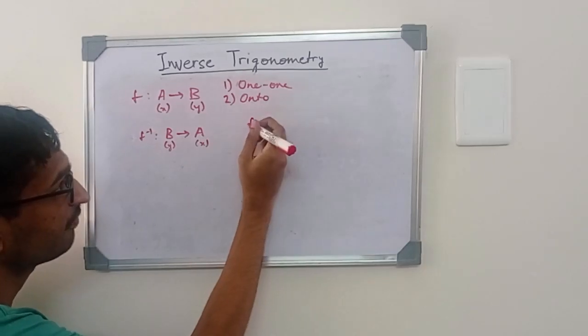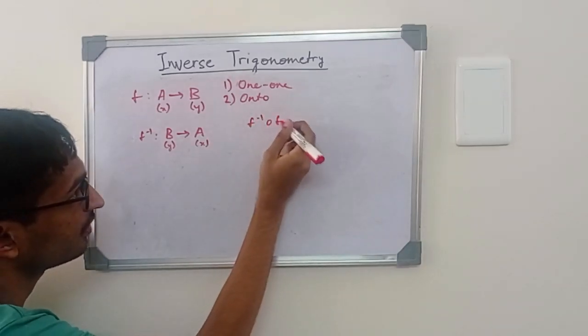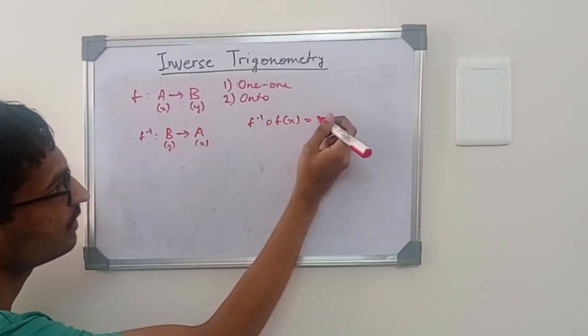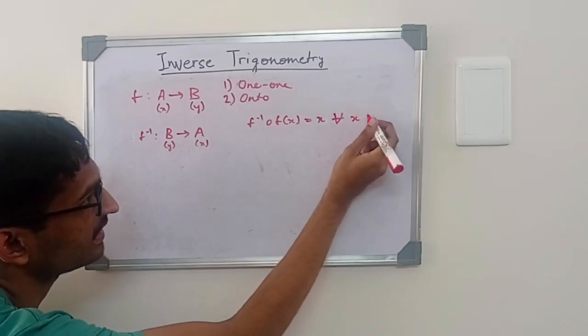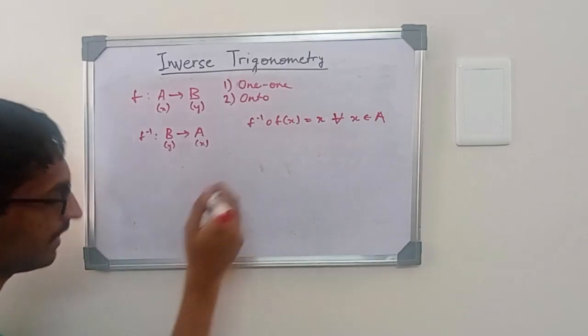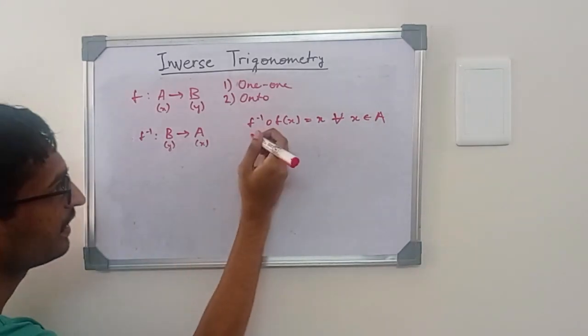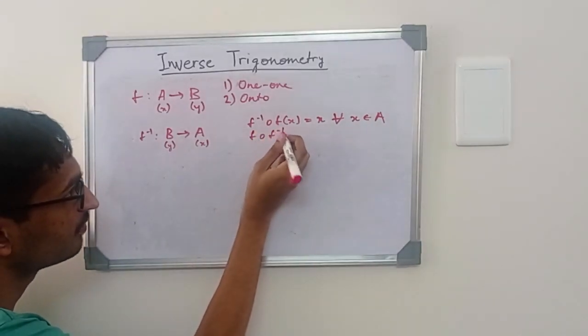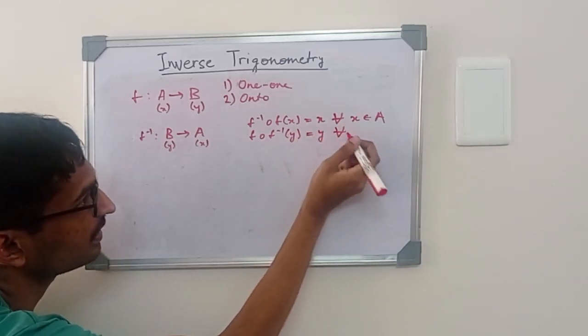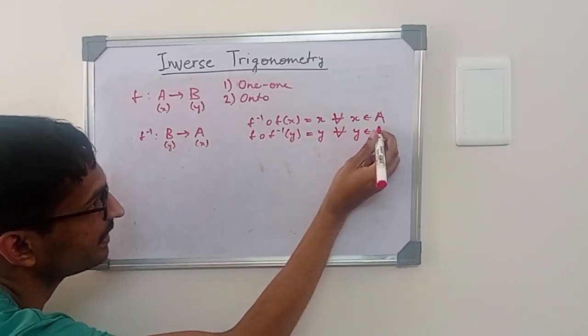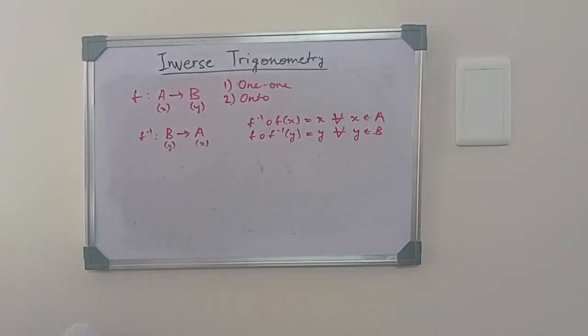First, f inverse of f of x is equal to x for all elements x in the set A, and also f of f inverse of y is equal to y for all the elements y in the set B. Those are the properties that are satisfied.